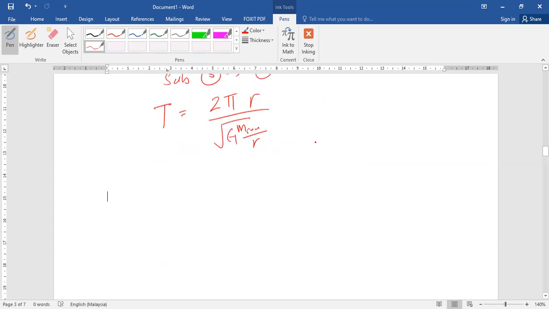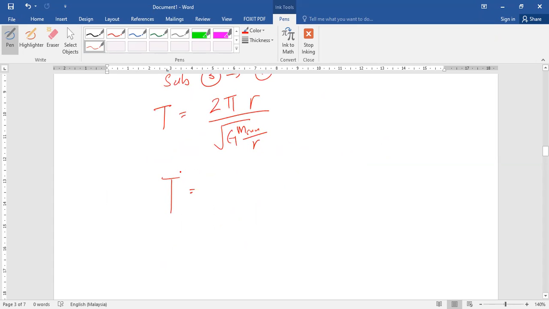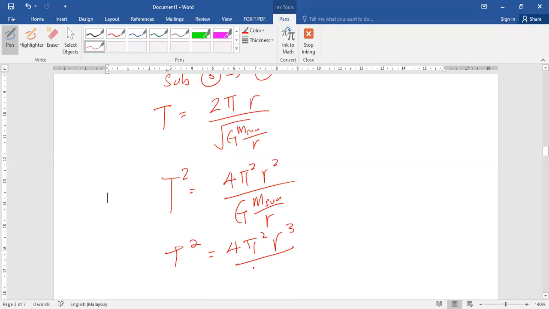Then t squared equals 4 pi squared r squared over G M sun over r. So t squared equals 4 pi squared r cubed over G M sun.